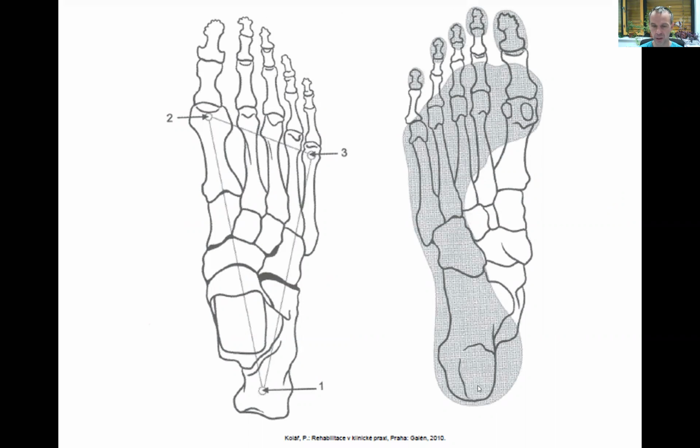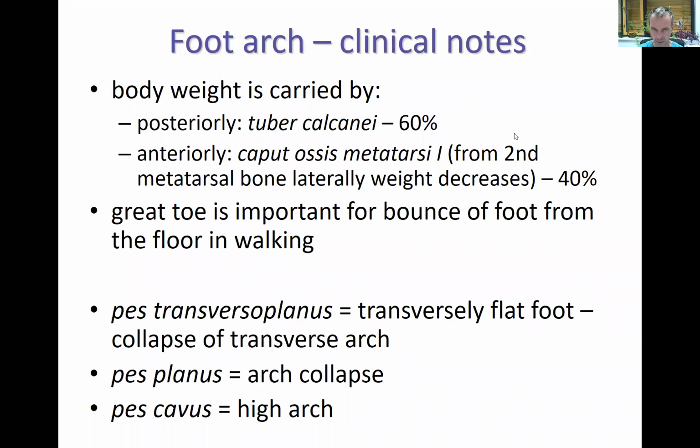You can see that we touch the floor at the heel and then at the heads of metatarsal bones, mainly the first and second one. So the foot arch helps us to carry the body weight, mainly by the posterior part of calcaneus, which is called the calcaneal tuberosity, and then the head of first metatarsal, second metatarsal, and so on. We need a great toe for bounce of foot from the floor when walking, jumping, running.